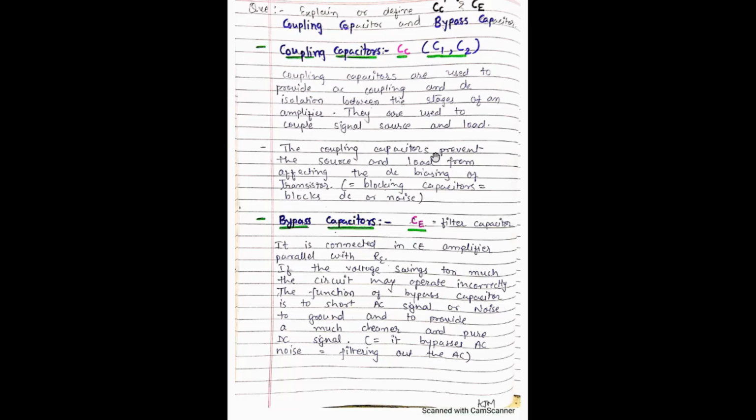The coupling capacitors prevent the source and load from affecting the DC biasing of the transistor. They block DC and noise. Actually we need to amplify the AC signal, so the coupling capacitor is used to block DC and noise. That is our purpose. Now what is the bypass capacitor?